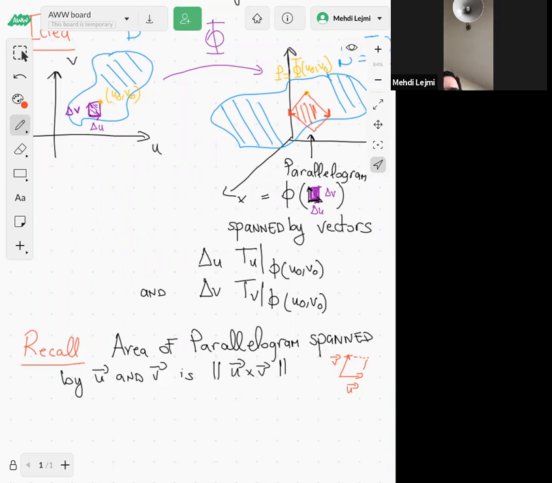So all I'm saying, guys, is that the area of the image of the rectangle can be approximated by the area of this parallelogram.